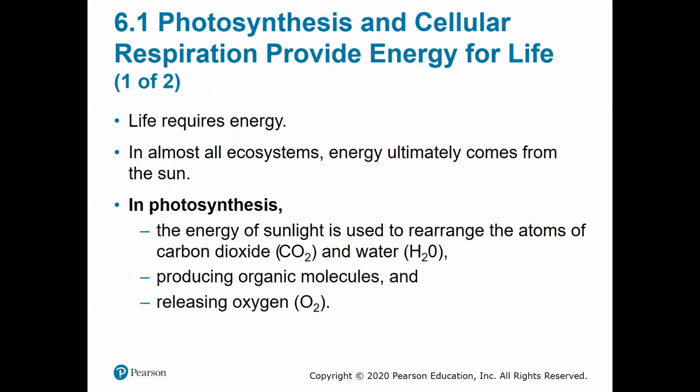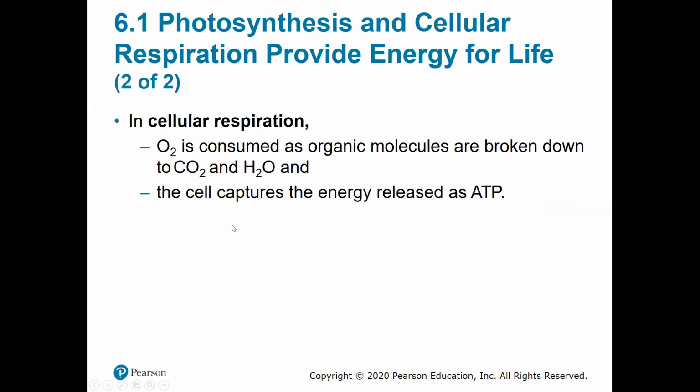In photosynthesis, the energy of sunlight is used to rearrange the atoms of carbon dioxide and water into organic molecules, sugar molecules, and then photosynthesis releases oxygen. In cellular respiration, though, oxygen is consumed as organic molecules are broken down back into carbon dioxide and water molecules.